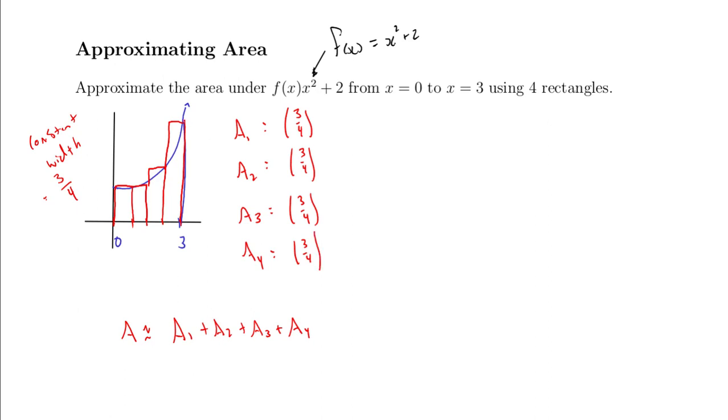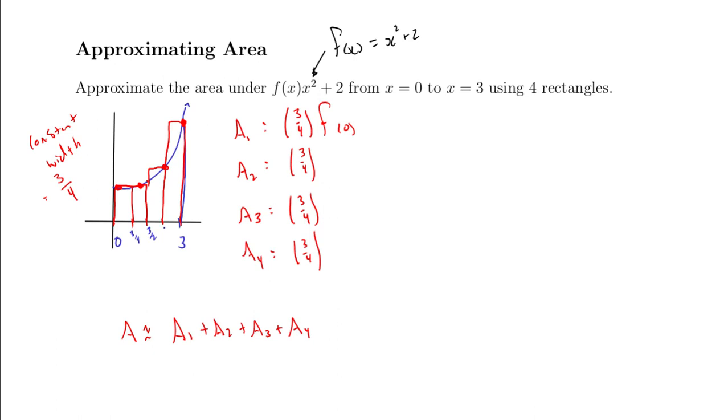And the heights of each rectangle, you'll notice, are seemingly defined by these points. And these points are points on our function. So maybe it looks like the height of this first rectangle is f of 0. And maybe I'll draw these in. So this is 3/4 right here. This is 3/2.